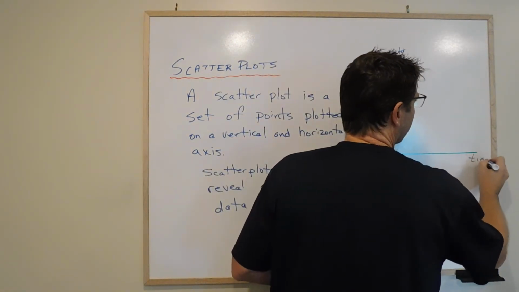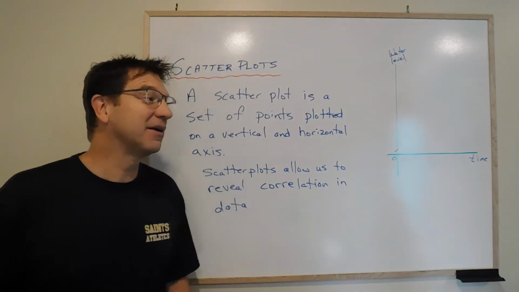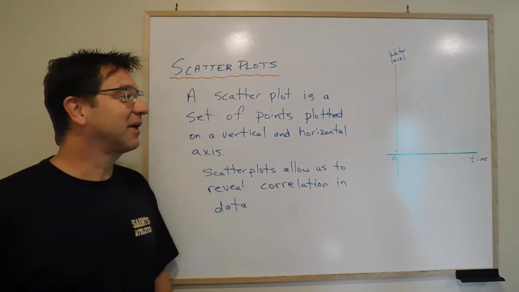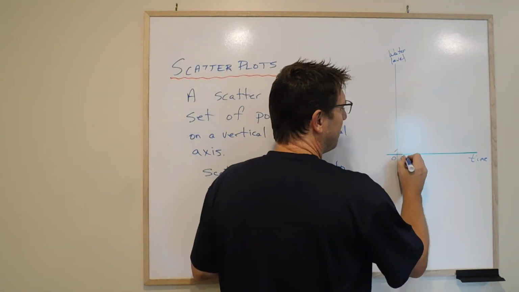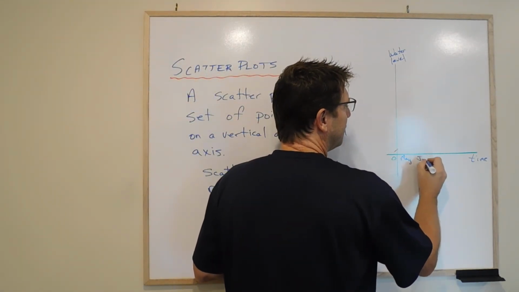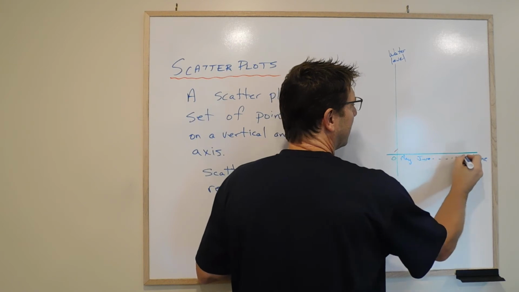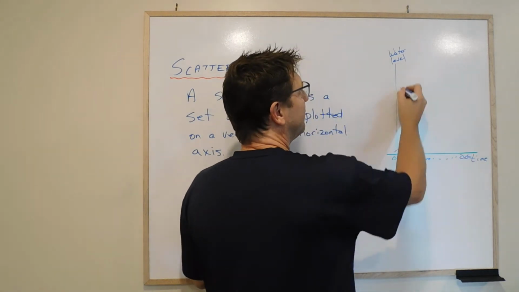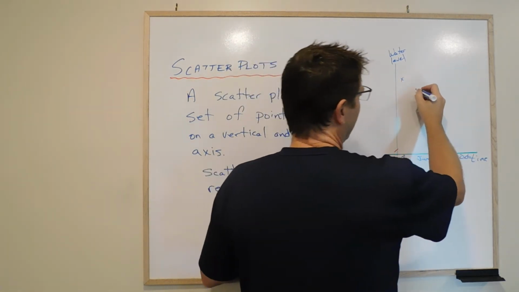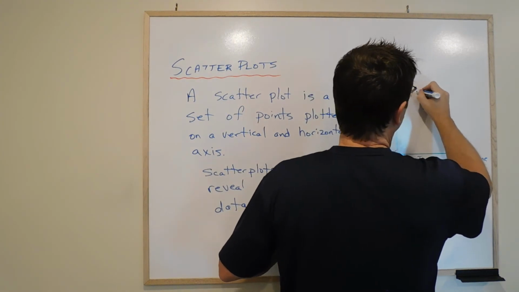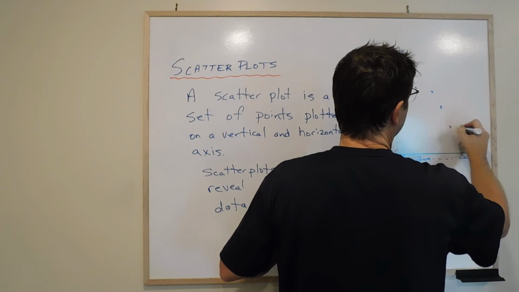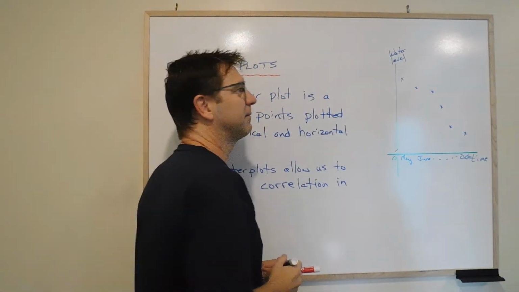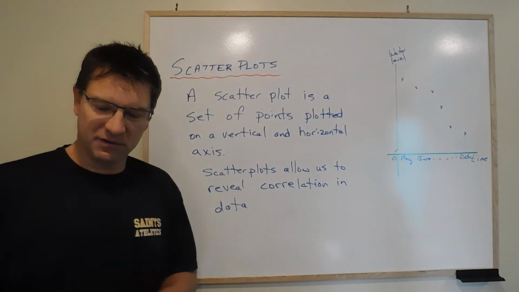You'll see time is a very common variable in scatter plots. So you know the water level in May and June and all the way to October. What you might see is it's very high in May, and then in June it kind of drops, right? And it might look like that. That would be your water level over time.